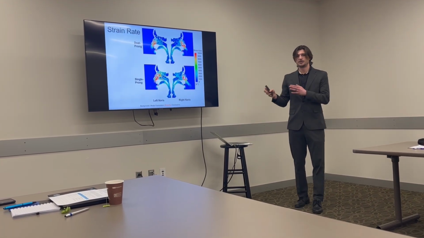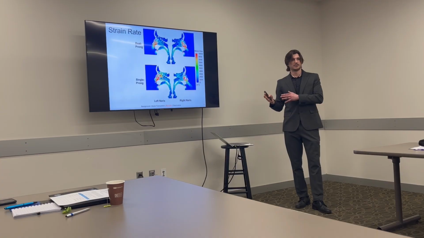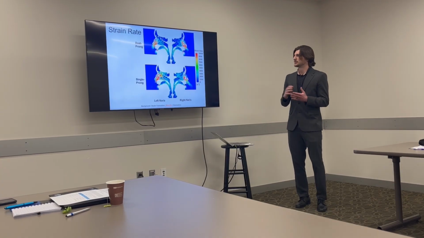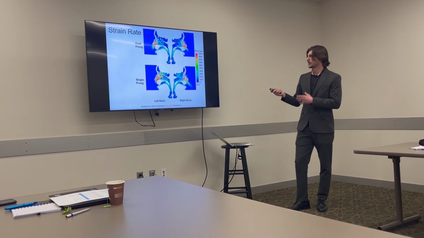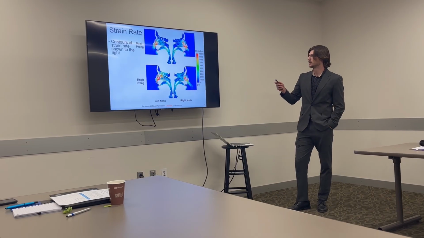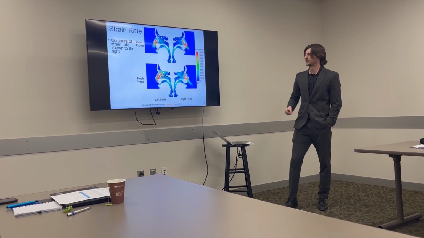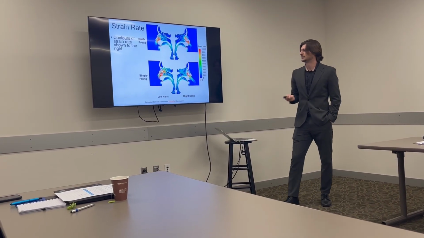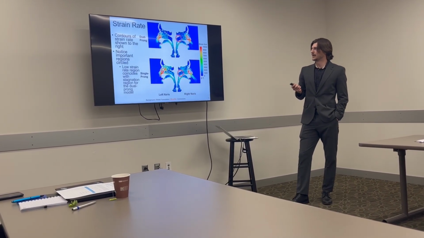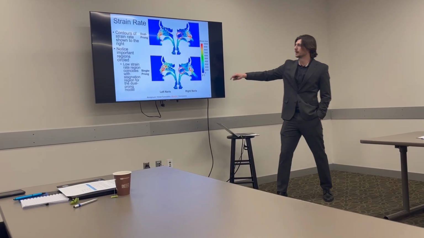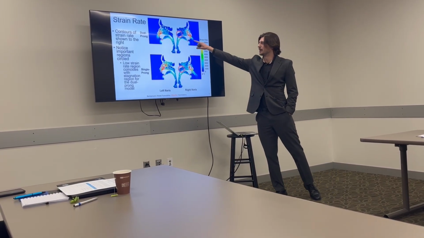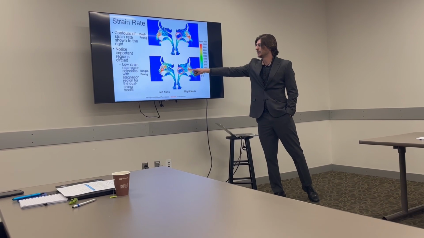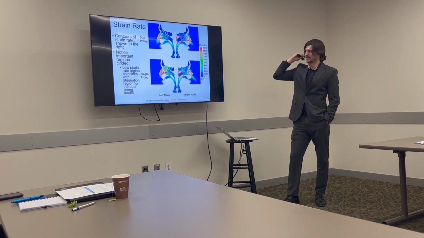The CO2 information was our primary analysis, but we also wanted to look at some secondary metrics. So we looked at strain rate in some important regions. We have contours to the right of the right and left nares for the dual prong up top and the single prong down below. We circled some important regions here, where for the dual prong we have a relatively lower strain rate back in the nasopharynx.